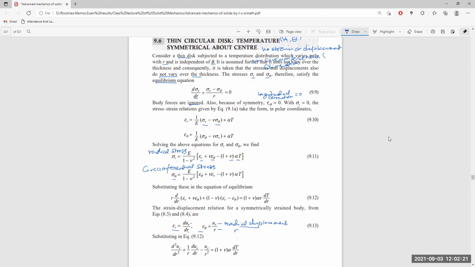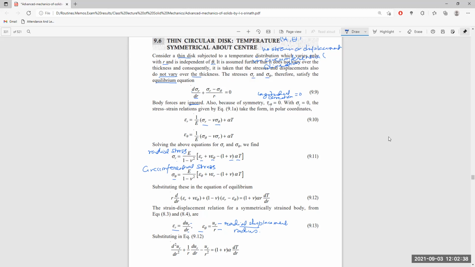So substituting these values of epsilon r and epsilon theta in this equation, epsilon theta will be u by r and epsilon r will be du by dr.